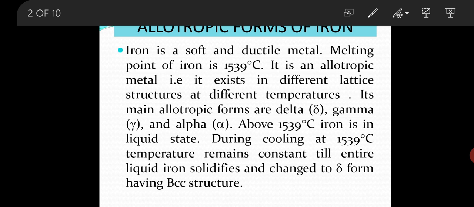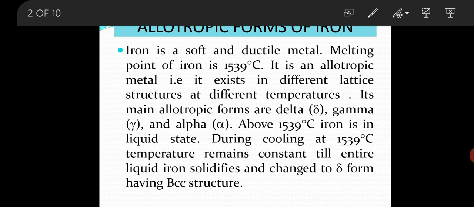Though heat is evolved, the temperature does not reduce until the entire liquid iron solidifies and changes to delta form having BCC structure. That means at 1539 degrees centigrade, liquid iron solidifies into solid iron.